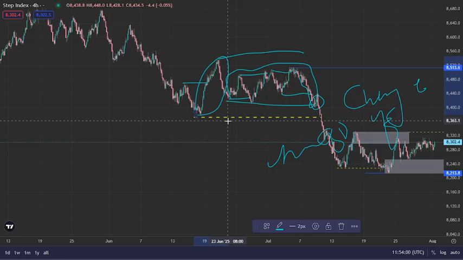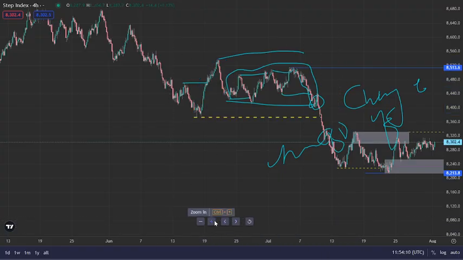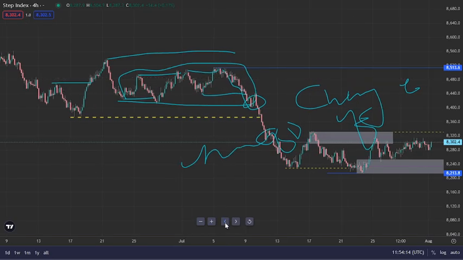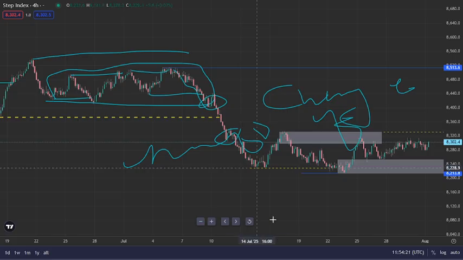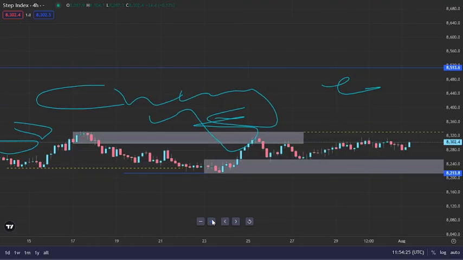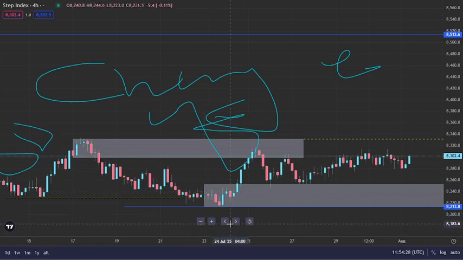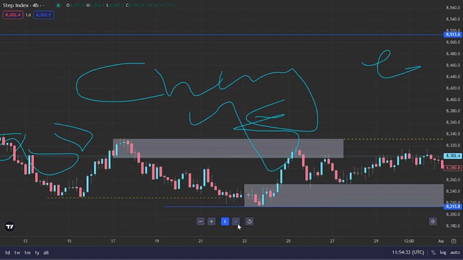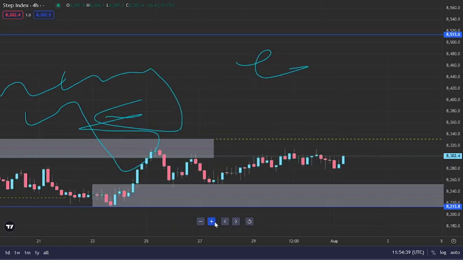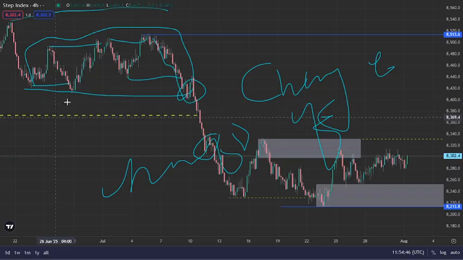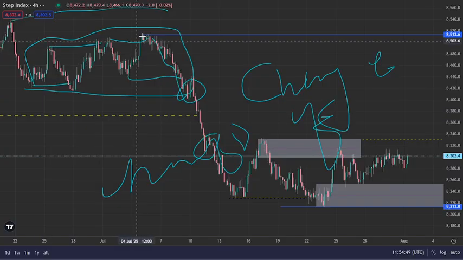When the fractal structure breaks, we get a CHoCH. A CHoCH means change of character. So let's look at this structure.